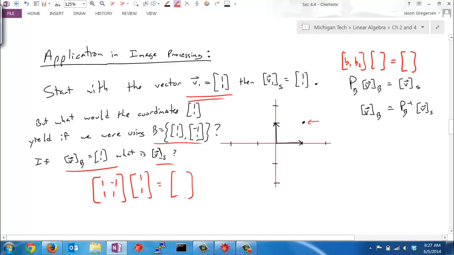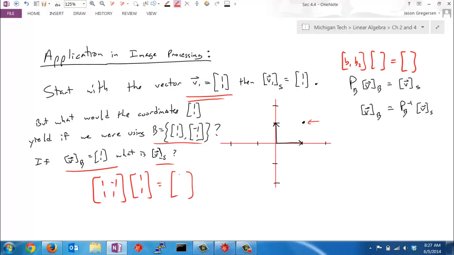If I take this product, before we actually do the multiplication, let's think about what we expect as a result. Here are my two basis vectors, my standard basis. If I go 1 in this direction and 1 in this direction, I get to here. So this represents the coordinate 1, 1 in the standard basis. It tells me how to get to some point.